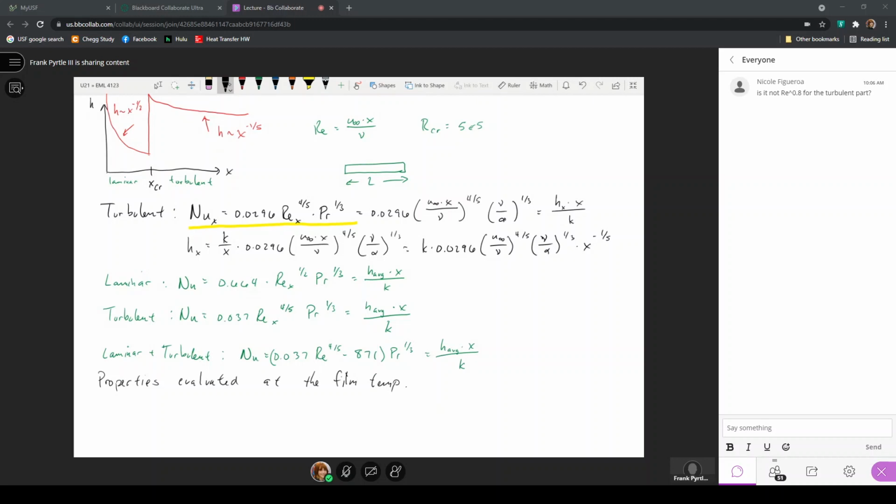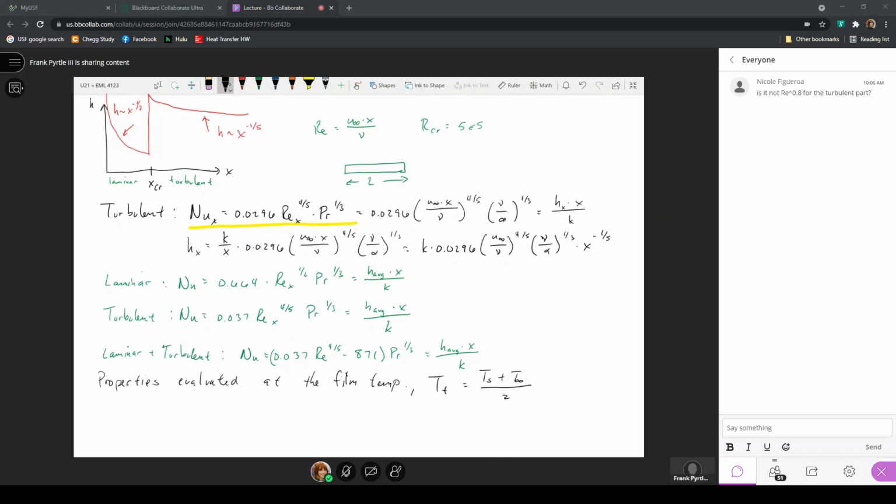And the film temperature is written as T sub F, and it's just the surface temperature plus the free stream temperature divided by 2. Very simple calculation. And physically, it is the average temperature that exists inside the thermal boundary layer that will grow over this surface whenever there's a temperature difference between the fluid and that solid surface.